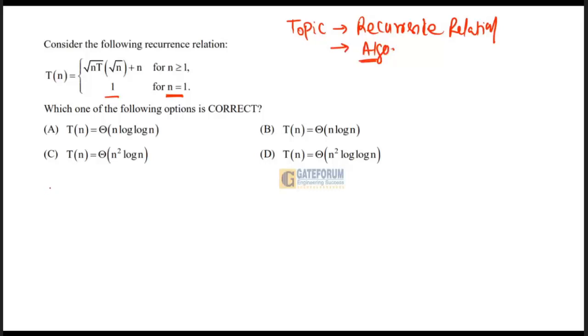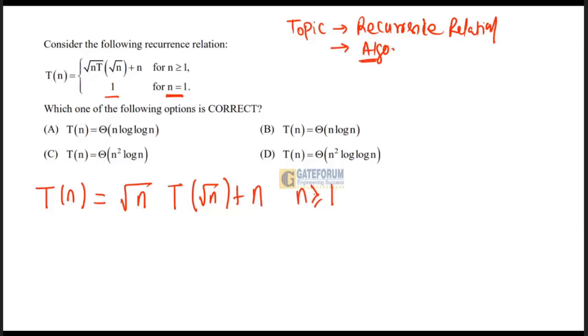So I am starting. The recurrence relation that we have is T(n) equal to under root of n, and thereafter T of square root of n plus n, where n is greater than or equal to 1. And if n is equal to 1, we can stop here, right? Whenever the base condition is reached, we will stop.